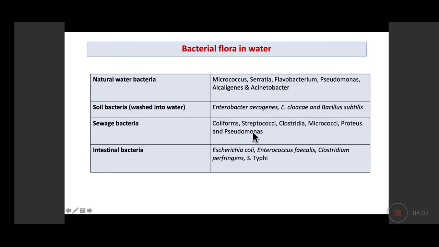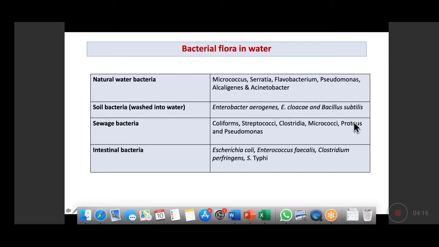Then there are sewage bacteria such as coliform, streptococci, clostridium, micrococci, proteus. All these bacteria can be seen in sewage, as well as intestinal bacteria, Escherichia coli, Enterococcus faecalis, Clostridium perfringens, Salmonella typhi. So they all are intestinal bacteria.